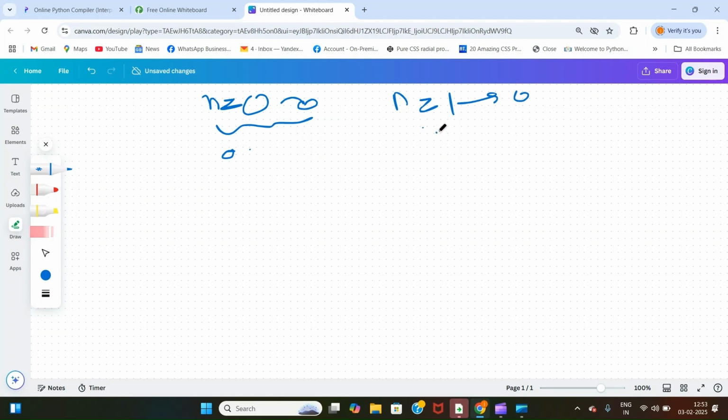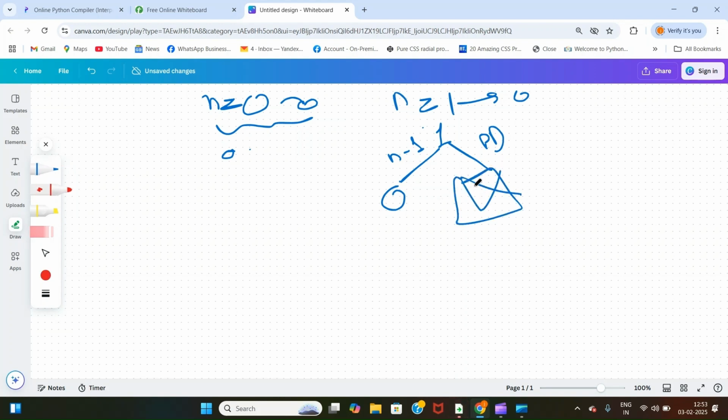So 1 has a first chance: 1 decreased by 1 becomes 0, or it can have its prime divisors. Prime divisor of the 1, there is nothing. So this is an invalid zone. So we have only one way to convert 1 to 0, right?